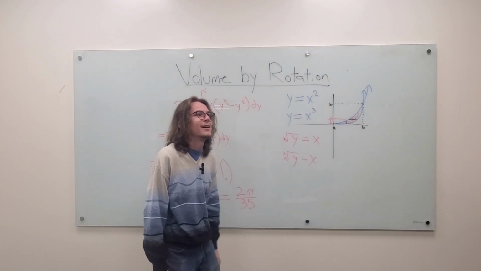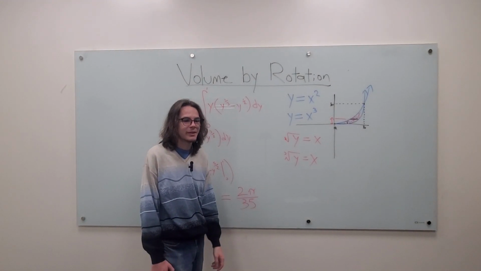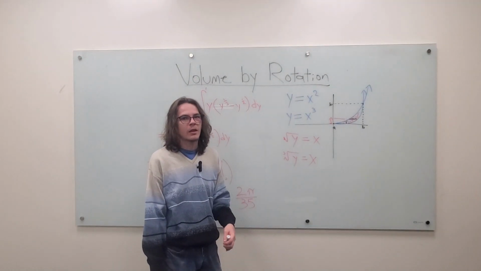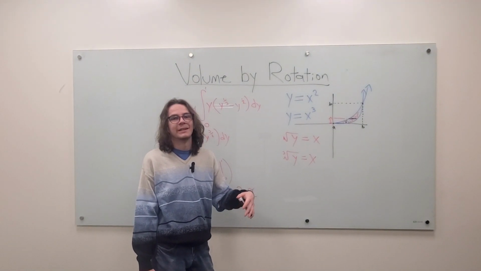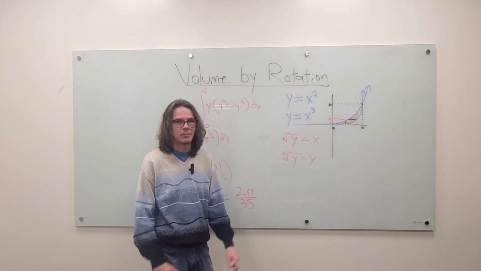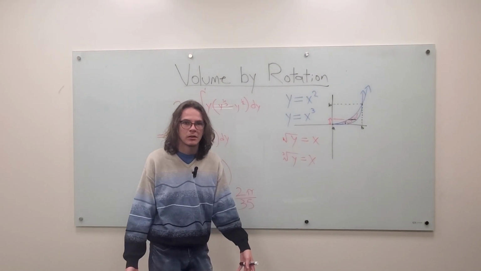And so my calculus teacher taught us a way to remember it, sort of a rhyme, and that is parashell and perpendicular. So remember that disks and washers are the same, so it works for both of them. But parashell sounds like parallel.